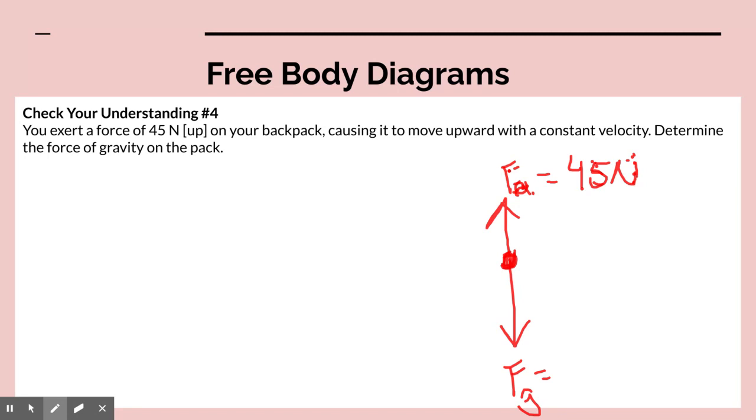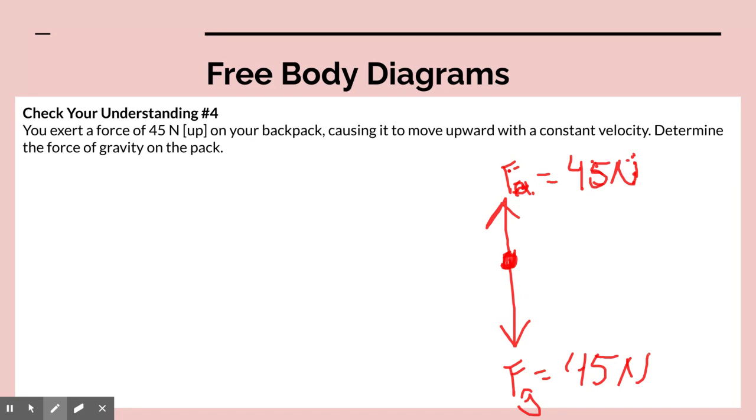Now, there's no indication that there's any kind of change in velocity here. So because there's no change in velocity, there's constant velocity. Because we have constant velocity, that must mean the force that's needed to pick this thing up is equal to the gravitational force. So that must mean that our gravitational force is 45 newtons.